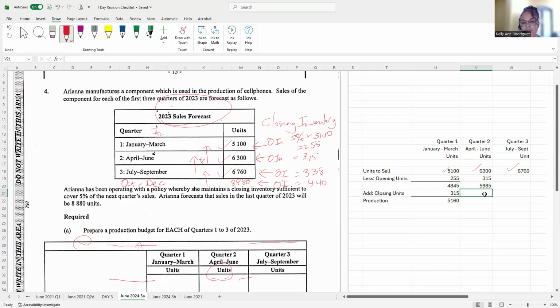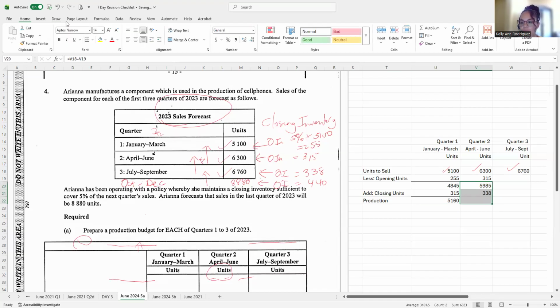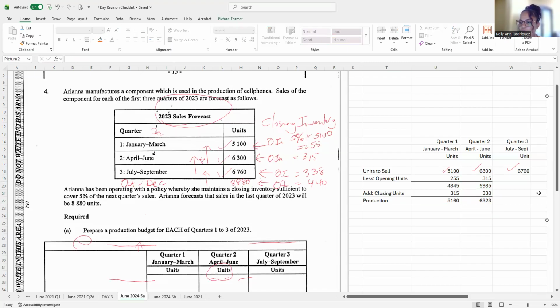But we do have to have a closing inventory. So what would be the amount that we need to keep for the next period? We need to keep 338 for the next period. So 338 is what we're going to keep. So our production is going to be 6,323. I hope you all are following through.